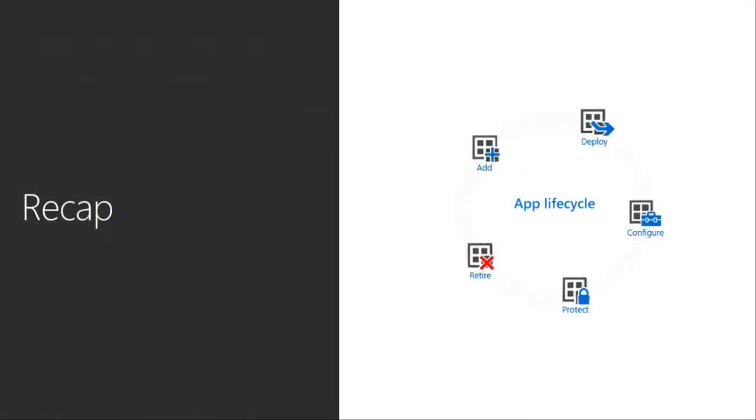So with that, I'd like to recap all the steps we covered today. We covered add, deploy, configure, protect, and retire. And in each of these stages, we covered a few new features. So to quickly recap on that as well, in add, we covered the Office 365 Pro Plus suite, which we've recently added support for. In deploy, we covered the user device licensing for volume purchased apps, and we covered the BYOD deployment scenario.